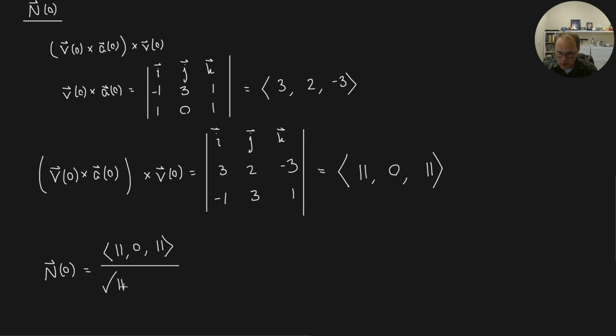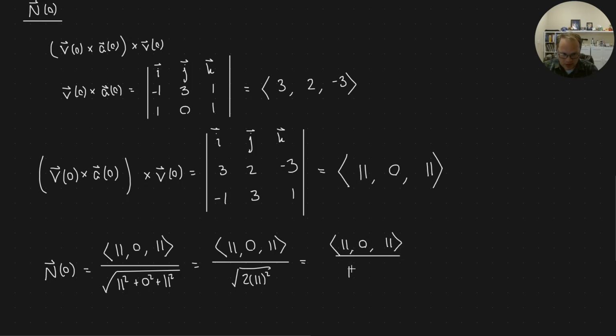And I have root 11 squared plus 0 squared plus 11 squared. Rather than actually calculate 11 squared, I know I'm going to have 2 times 11 squared, and I know what the square root of 11 squared is. That's easy because the square and the square root cancel. And so I get 11, 0, 11.